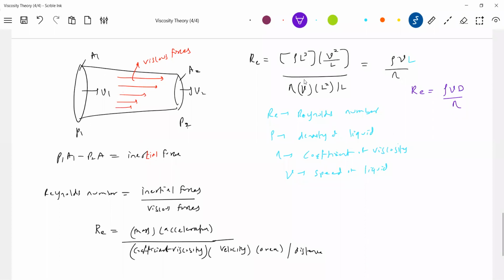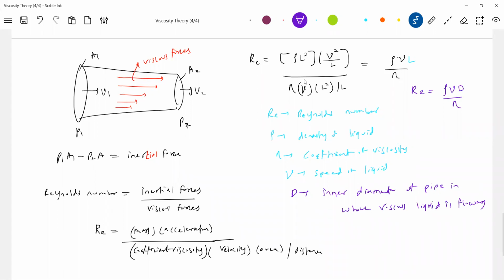So D is the inner diameter of the pipe in which the viscous liquid is flowing. This is very important.